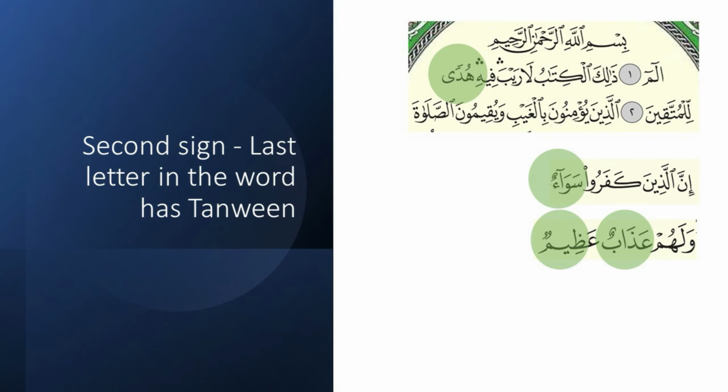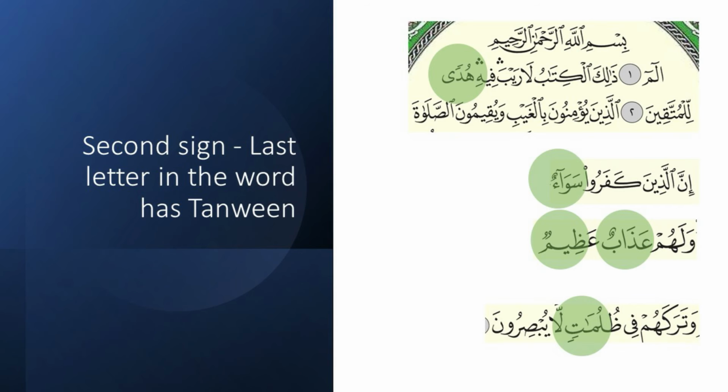So if you see that indicator on any word, whether it is those two clear dhammas of tanween or the one dhamma and then that other curve after it, both of these are basically tanween dhamma, and this is a clear indicator that this word is a noun.